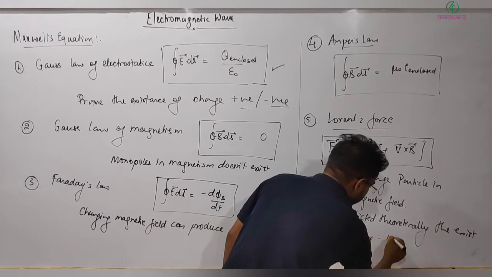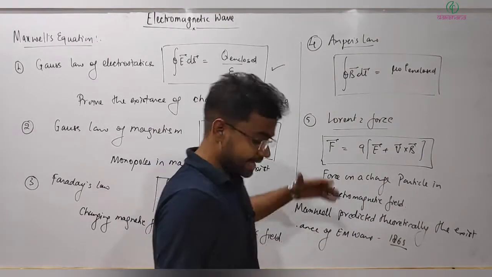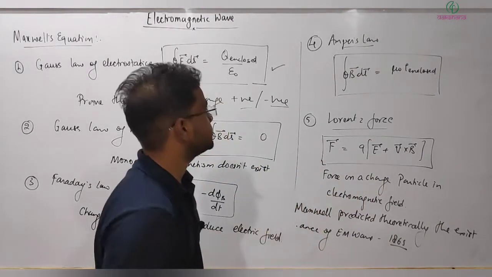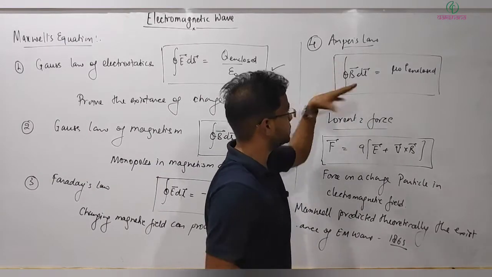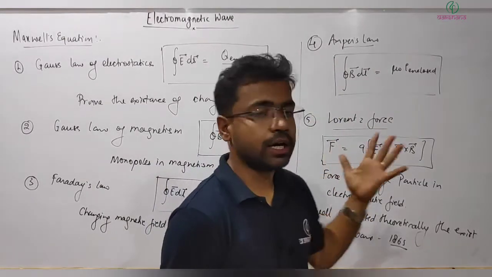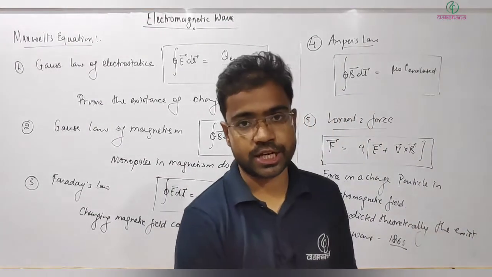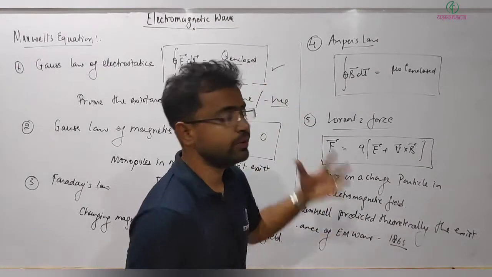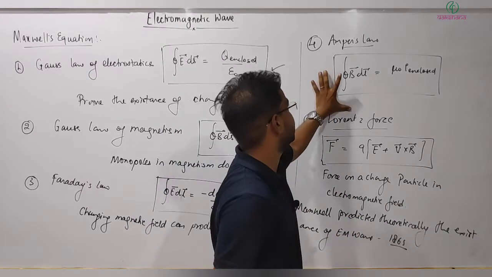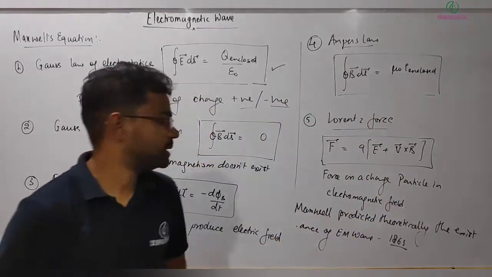That was in the year 1865, right? And when he was studying, he found something contradicting. That contradiction generated the need for displacement current, which is an important topic for this chapter. So let me first tell you what is contradicting about Ampere's law, then we will talk about displacement current.